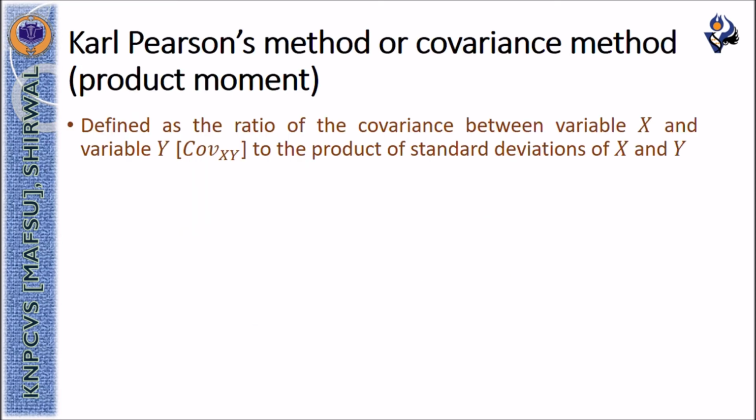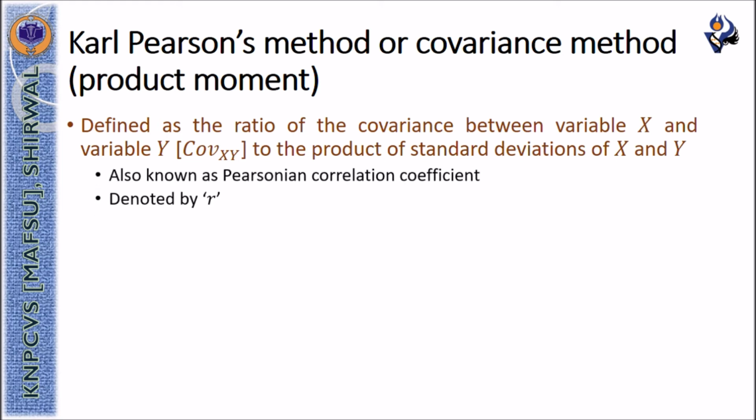Karl Pearson's product moment correlation is defined as the ratio of the covariance between variable x and variable y to the product of the standard deviations of variable x and variable y. It is also known as the Pearsonian correlation coefficient, which is denoted with the letter small r.